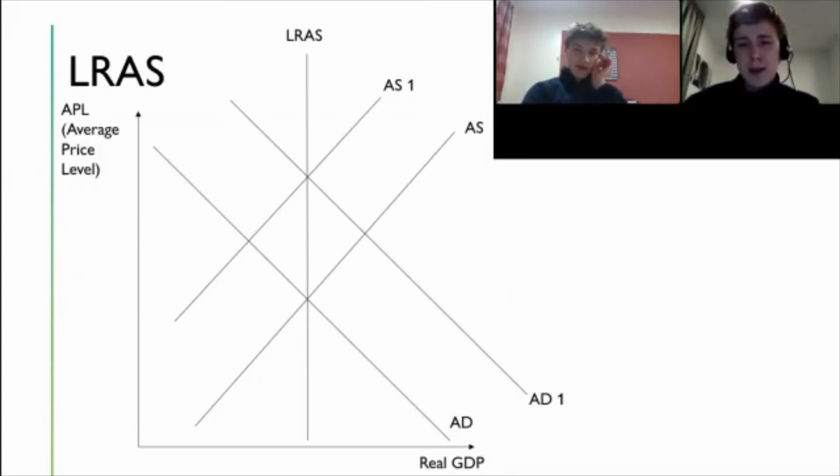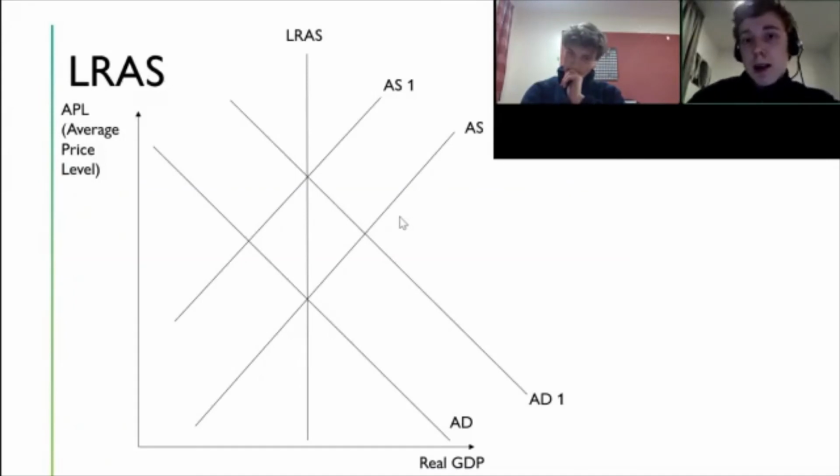But essentially, as Nan pointed out earlier, initially we have this transition from point A to point B, where we have the shift from AD to AD1, and then we have a transition from point B to point C, where we have the shift from AS to AS1.